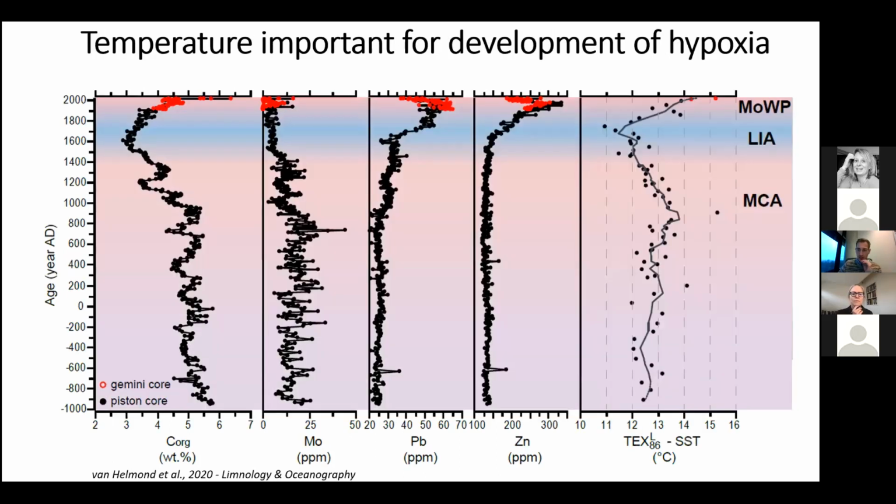The biomarkers that we use to derive temperature also say something about the organic carbon origin, because part of these biomarkers are produced by microbes that live in soils. This is called the BIT index, a proxy developed in the 2000s by the Niels group at the Royal Dutch Sea Research Center.